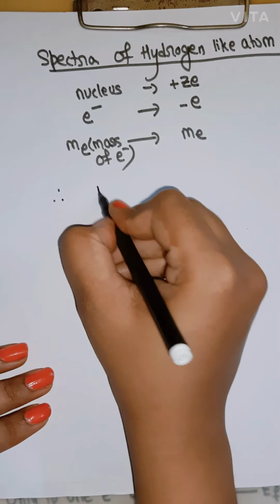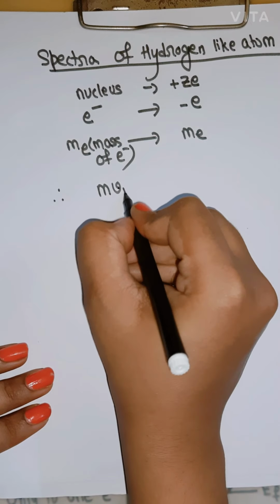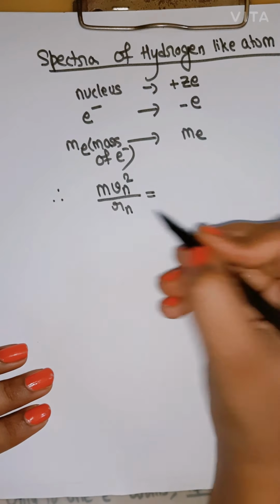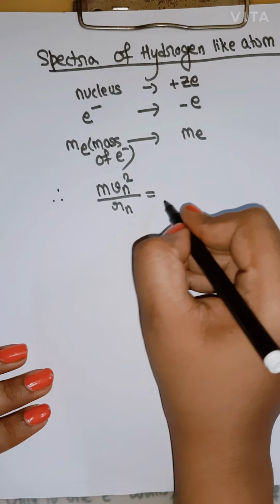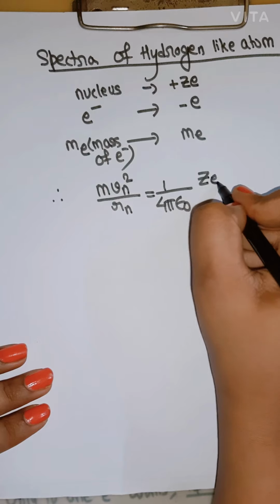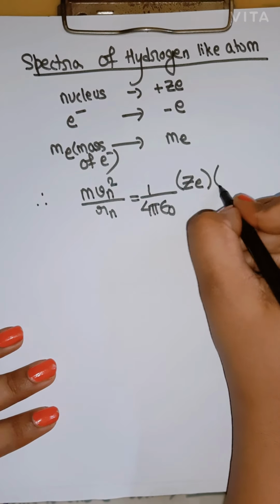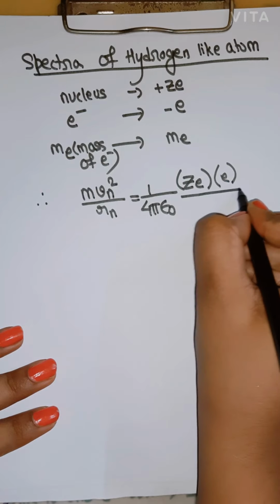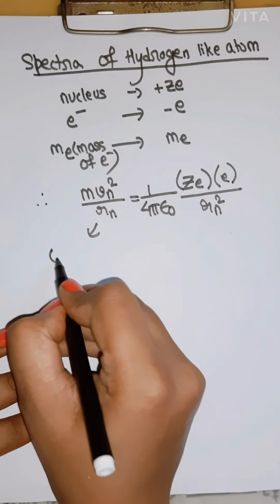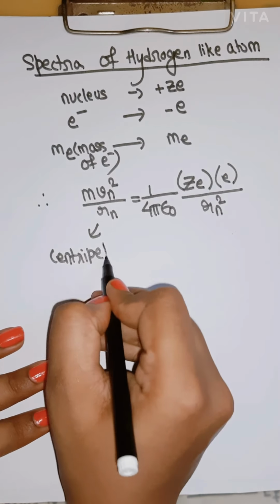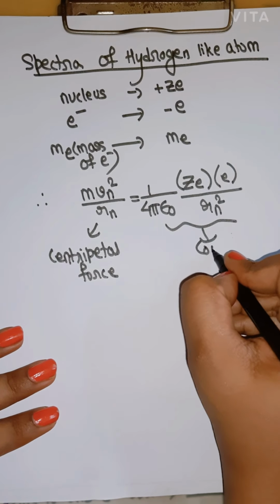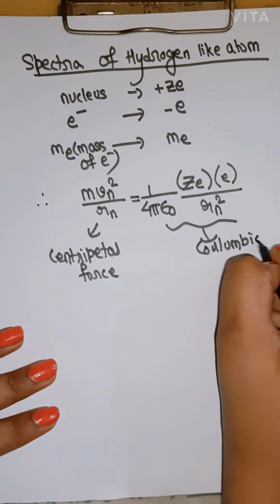So mathematically we can write the centripetal force, that is m v square by rn, where v is the velocity of the electron and rn the radius of the orbit, equal to 1 by 4 pi epsilon naught times the charge of the nucleus times the charge of the electron, Z e square by rn square. The centripetal force is provided by Coulombic attraction.